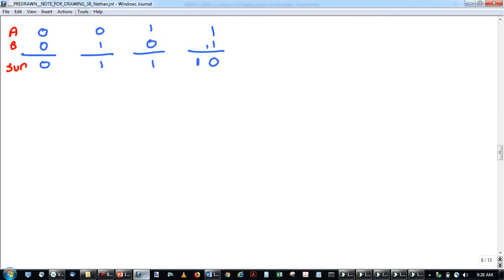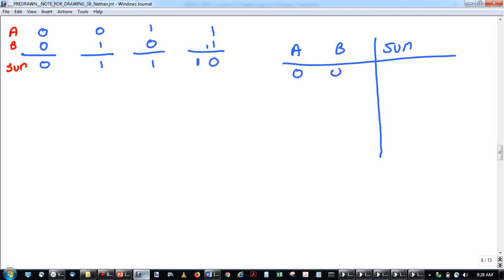Okay, so let's have a look at why I'm doing that. So here's A, here's B, here's the sum. A is 0, B is 0. The sum is 0. A is 0, B is 1. The sum is 1.